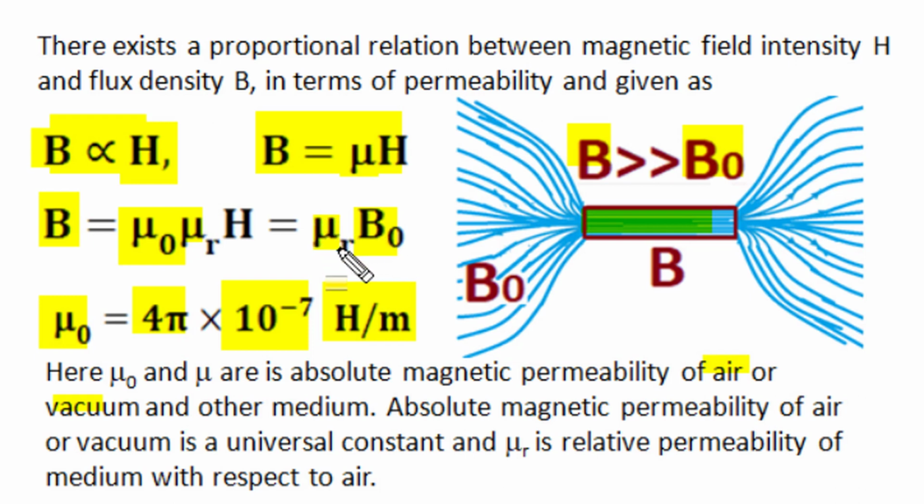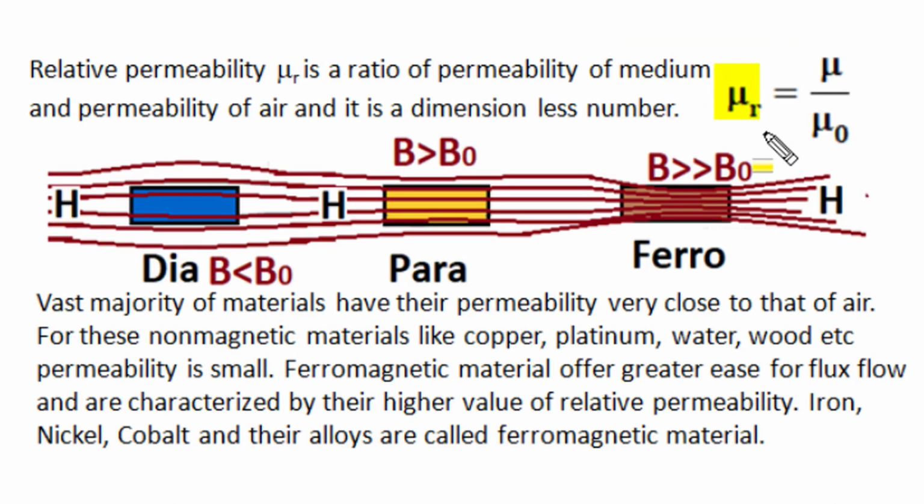And if mu r is say 5000, then magnetic induction in iron core material B will become 5000 times magnetic induction in air media. Relative permeability of any media is the ratio of absolute permeability of that medium to permeability of air, and both are measured in Henry per meter, so this ratio mu r becomes a number only, without any dimension.